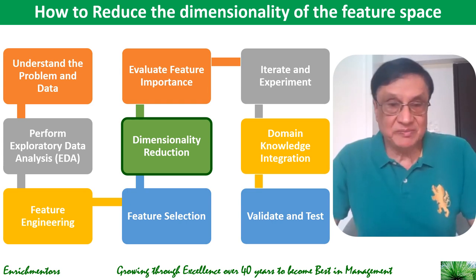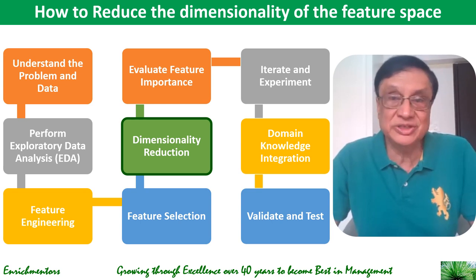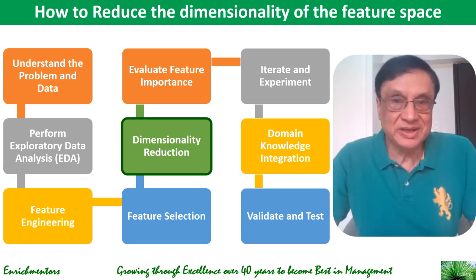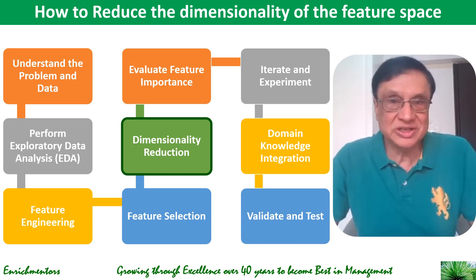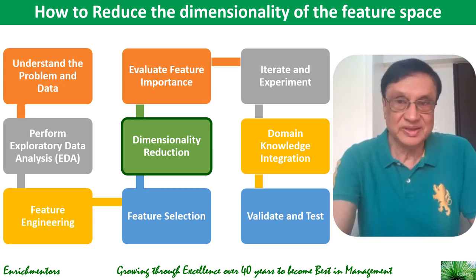And of the brainstormed features, we selected some important features, and in this step we are further reducing these dimensions to probably the most optimal number of dimensions that can explain as much information as possible with as few dimensions as possible. So how to do that is the question.